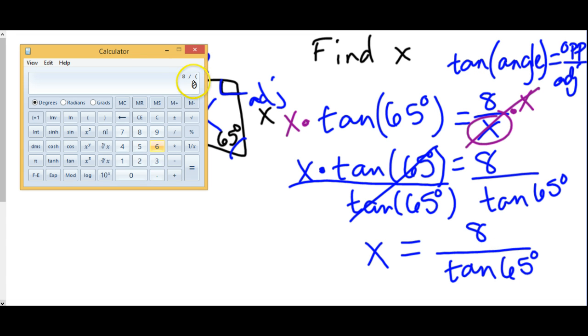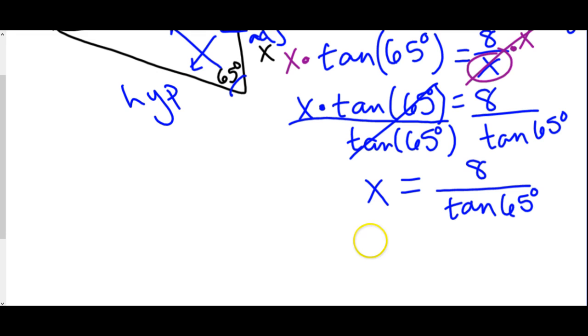So we're going to have to do 8 divided by 65, and then we hit the tangent button, close the parenthesis, and then hit equals. So that gives us 3.73, rounded to the first decimal place would just be 3.7.